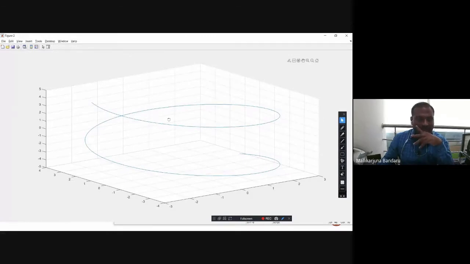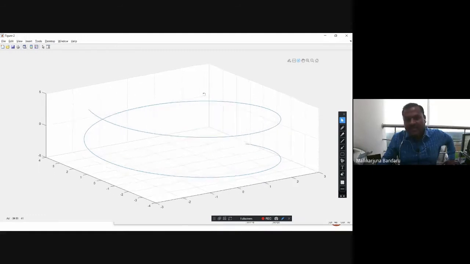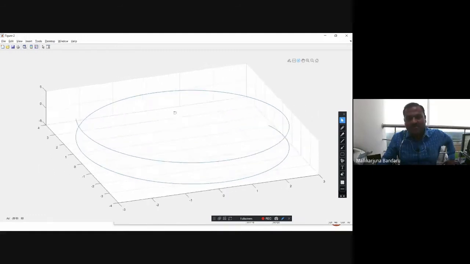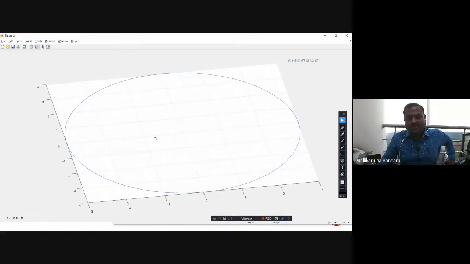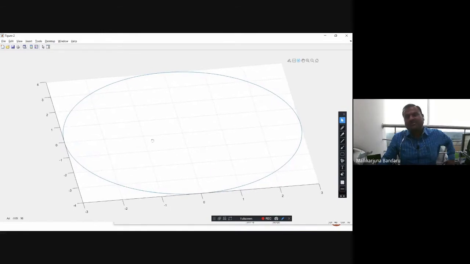But if you want to look at this 3D in a different angle, how do you change it? See up in the top right, just click on this rotate 3D option. Now click somewhere, keep holding the curve, just drag the mouse and observe how the curve looks. It is an ellipse curve, right?